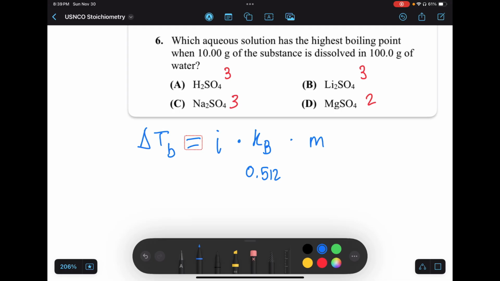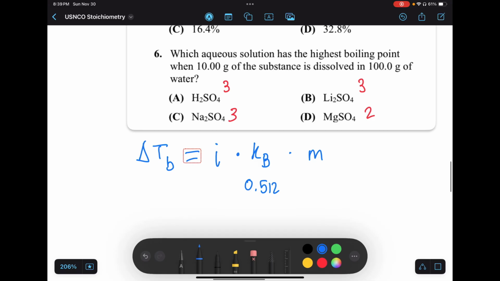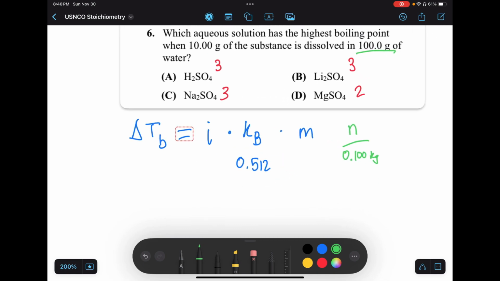I don't remember the units, but it's okay. And molality is moles over mass in kilograms. For this one, it's going to be 0.1 kilograms because we only have 100 grams of water.